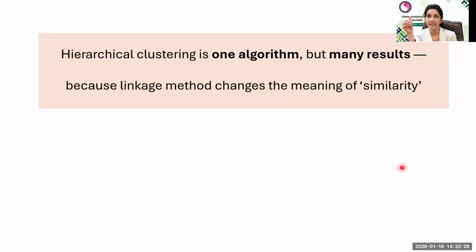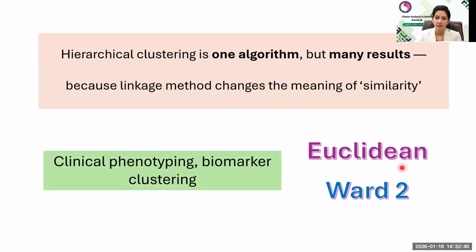Like I said, hierarchical clustering is one way of doing it, but the choice of linkage method may change the dendrogram. So for all clinical phenotyping and biomarker clustering, we use the Euclidean distance and the Ward D2 method of clustering.